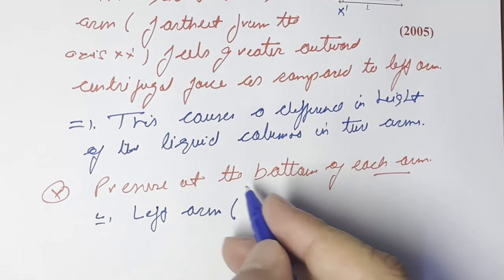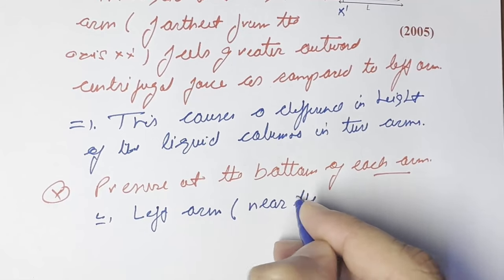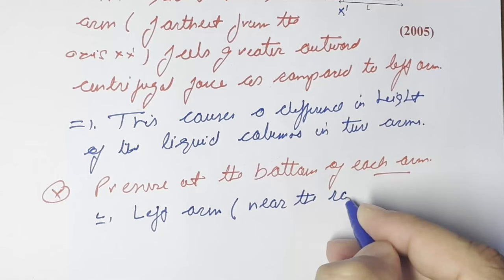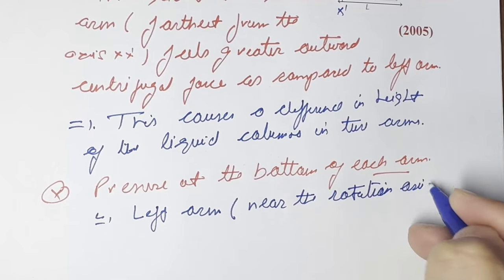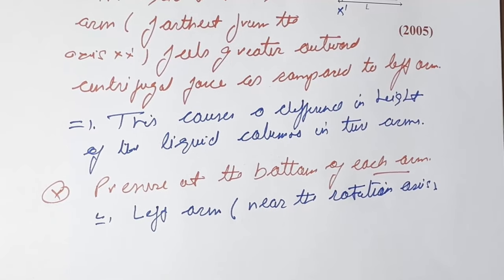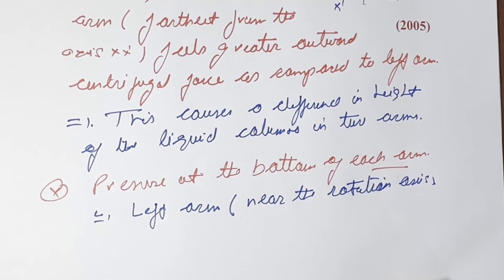The left arm is near the rotation axis, and we assume that the height of the liquid column is h1.